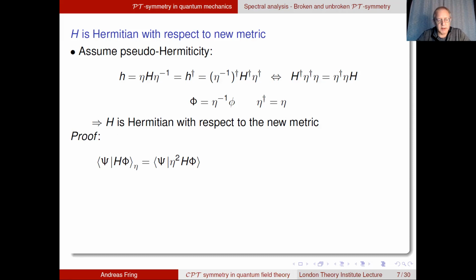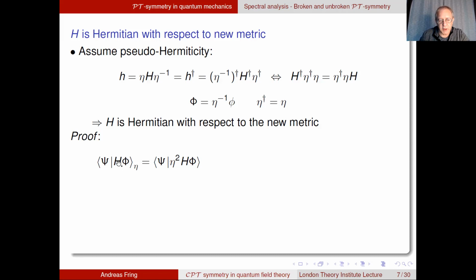So here is the little argument. We redefine our inner product. I'm just calculating here the inner product between phi and psi, a sort of expectation value of the Hermitian operator.